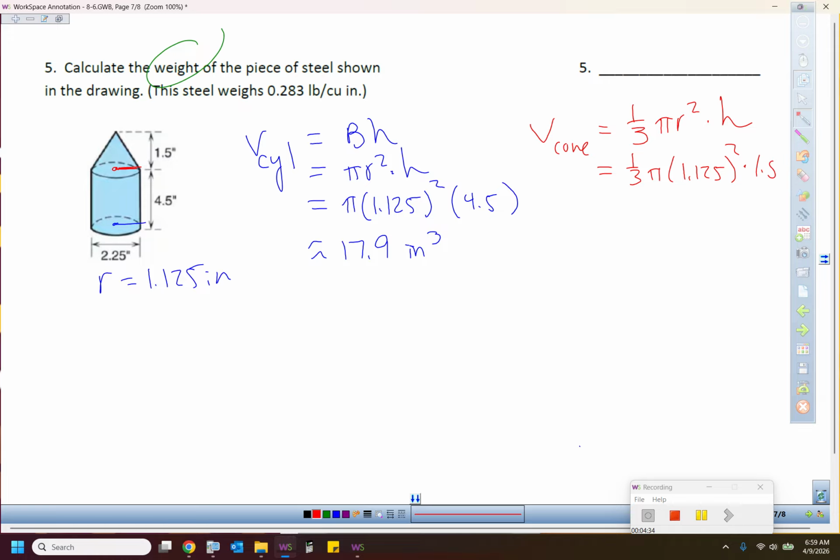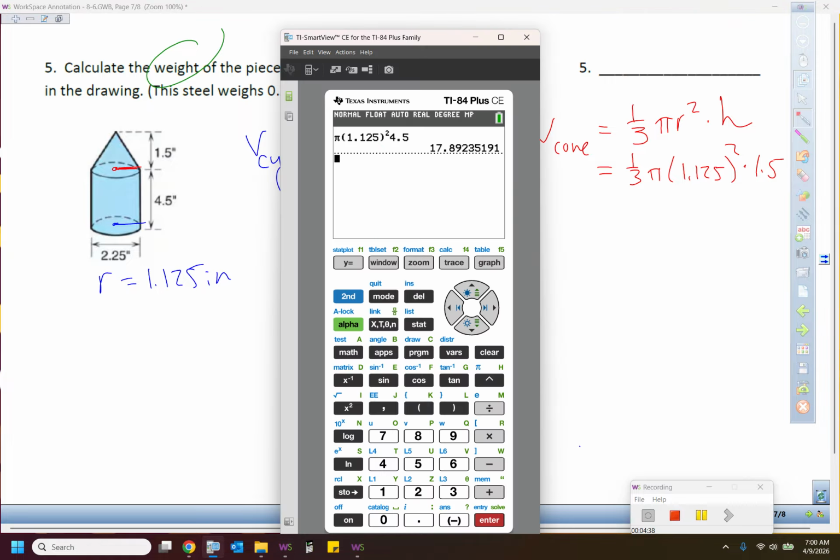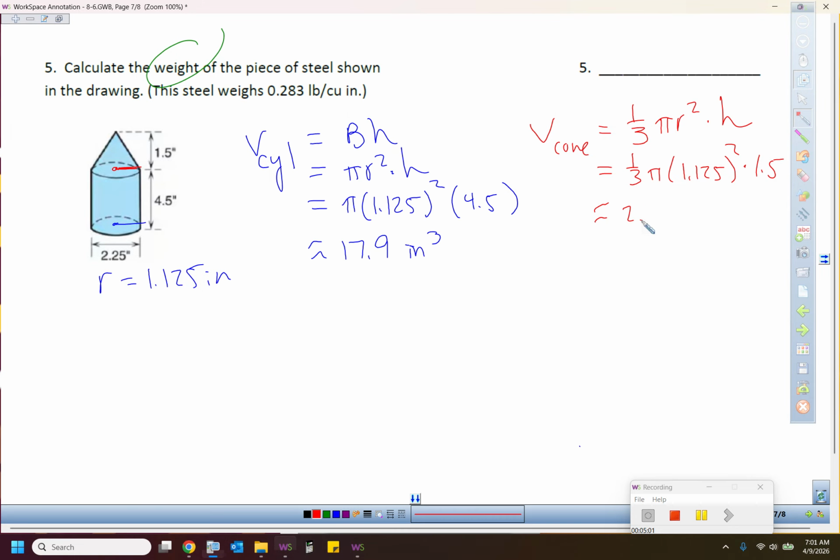So we'll just punch all that in: 1/3 in parentheses, pi times 1.125 squared times 1.5, and I got back about 1.99, so we can really call that about 2.0 inches cubed.